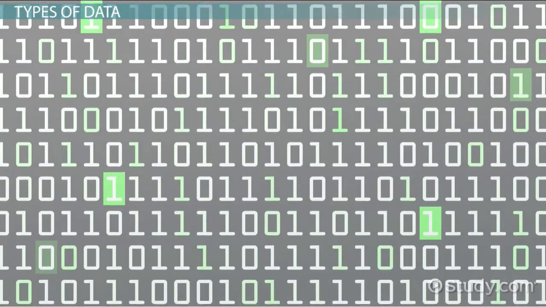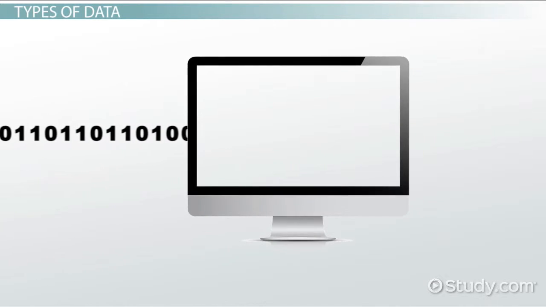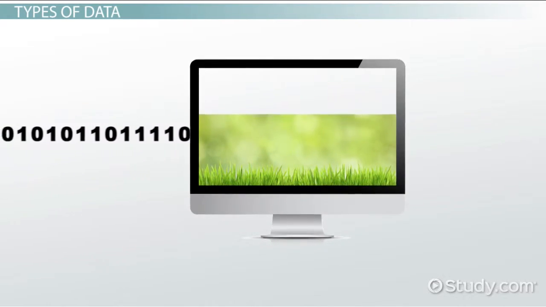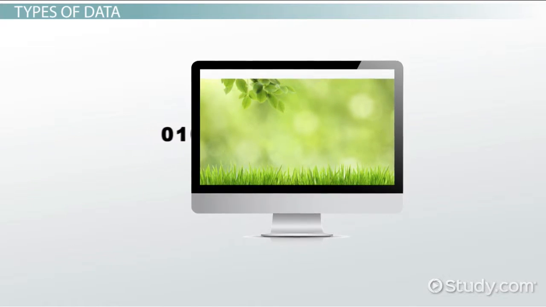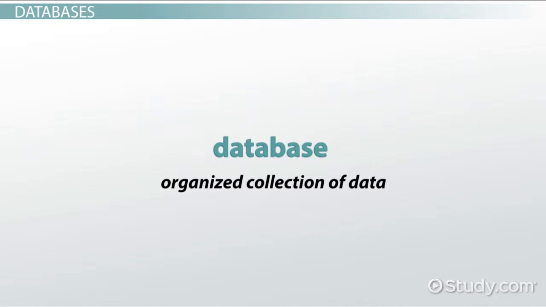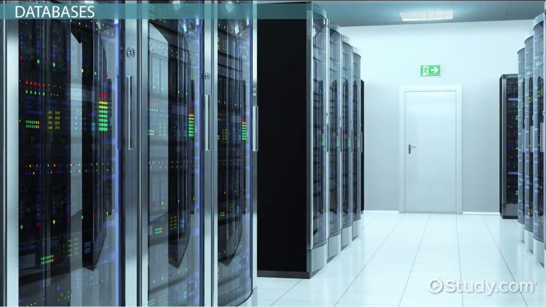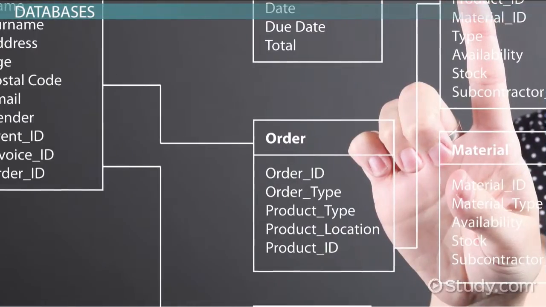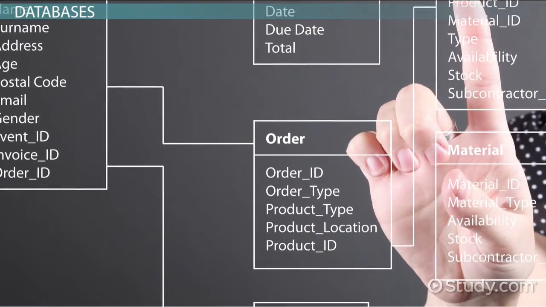For each data type, there are very specific techniques to convert between the binary language of computers and how we interpret data using our senses, such as sight and sound. We can't talk about data without mentioning a database. A database is an organized collection of data. Instead of having all the data in a list with a random order, a database provides a structure to organize the data. One of the most common data structures is a database table.